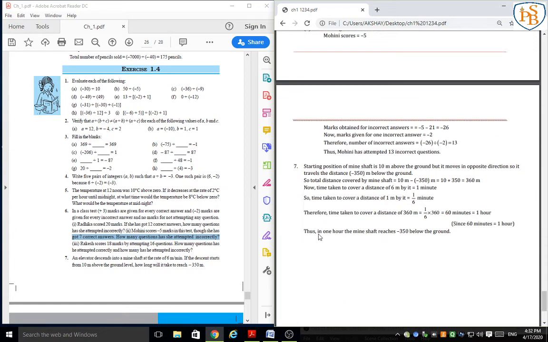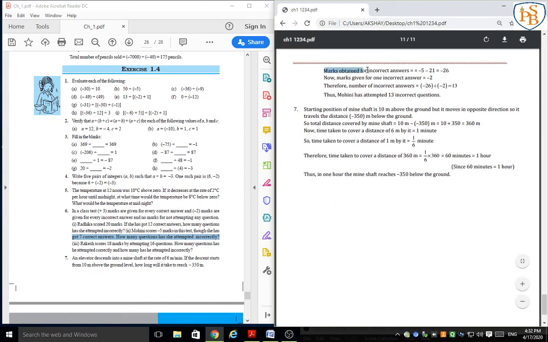Marks obtained for incorrect answers is equal to negative 5 minus 21 is equal to negative 26. Now marks given for 1 incorrect answer is negative 2. Again by the division process we can find the final answer. Therefore the number of incorrect answers is equal to negative 26 divided by negative 2 is equal to 13. Thus Mohini has attempted 13 questions incorrectly.